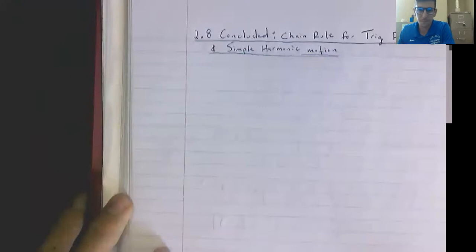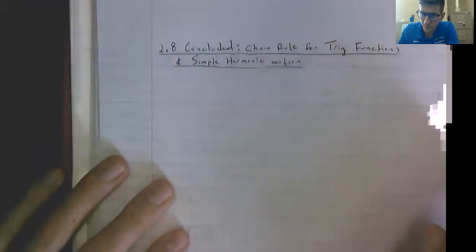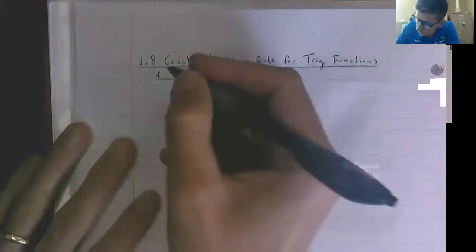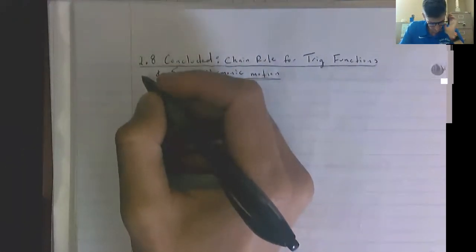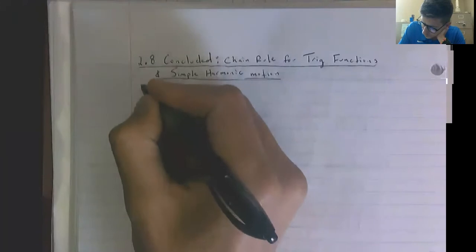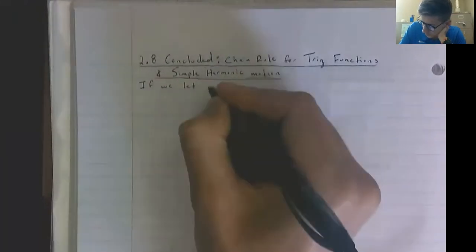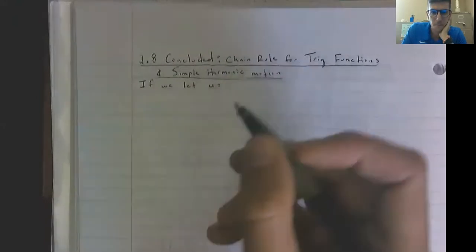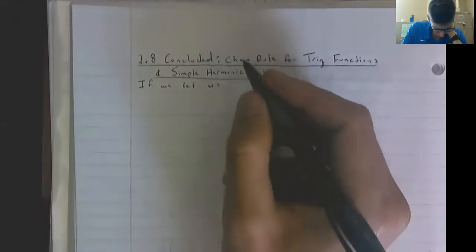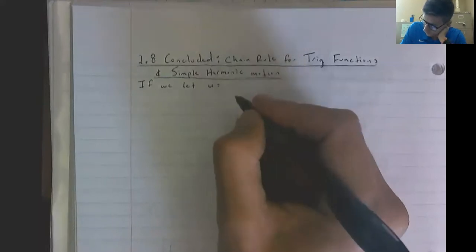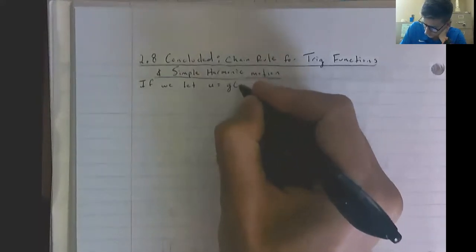Okay. So chain rule. Suppose we let some u equal some function of x, we'll call g of x.